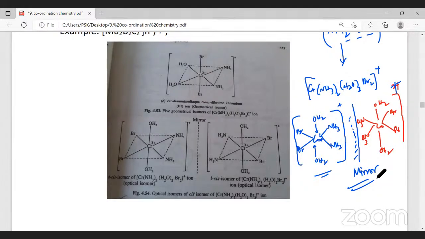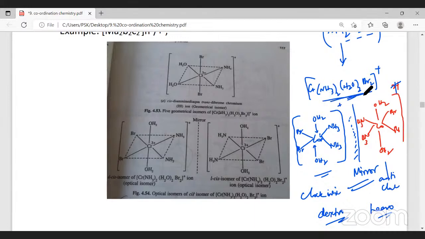If this molecule rotates the plane polarized light clockwise, it is dextro. And this will rotate anti-clockwise, the opposite side, therefore it is levo.